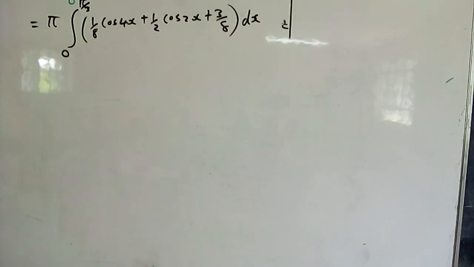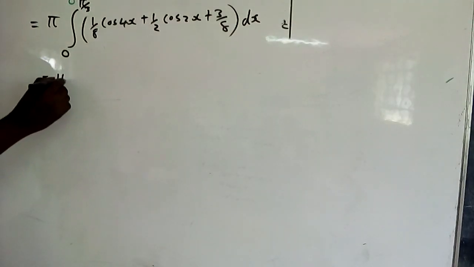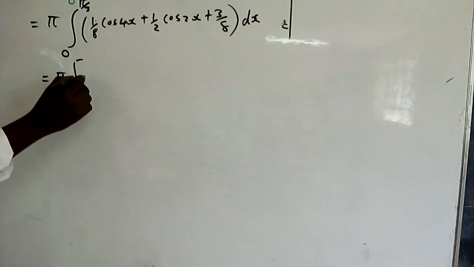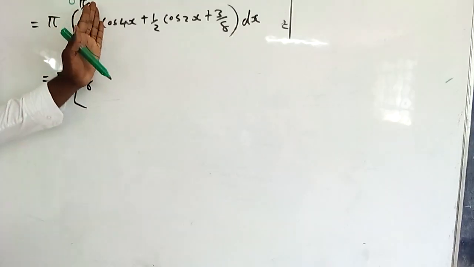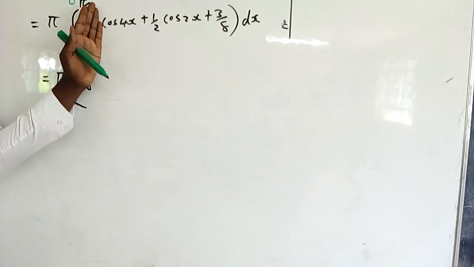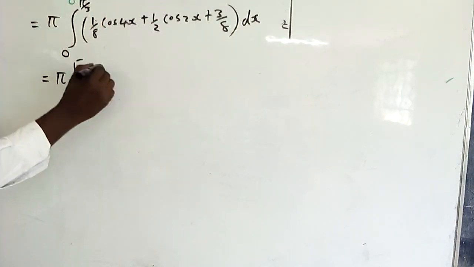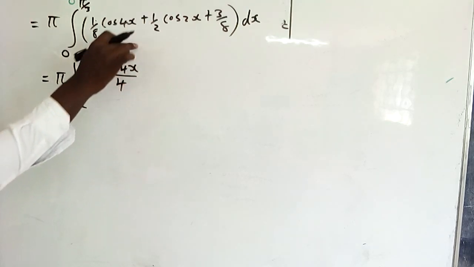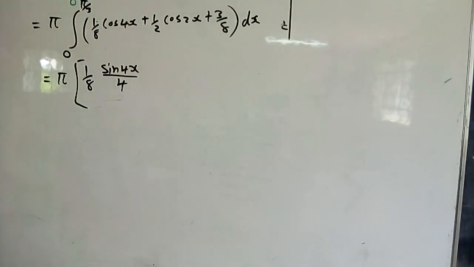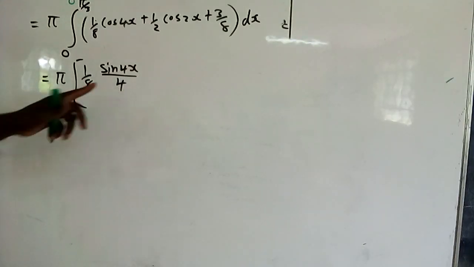Start integrating. So here we have the pi, and 1 over 8 is a constant, isn't it? If you integrate cos 4x, integrating cos gives a positive sine, so you get sine 4x, then you divide by the derivative within the function, that constant 4. If you differentiate 4x, you get 4, then you divide by 4.